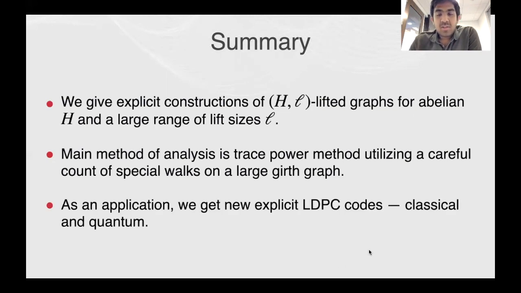And as an application, we can use such graphs to get new explicit LDPC codes. So this is a de-randomized version of the result of Panteleev-Kalachev, and we get classical quasi-cyclic LDPC codes and quantum LDPC codes.